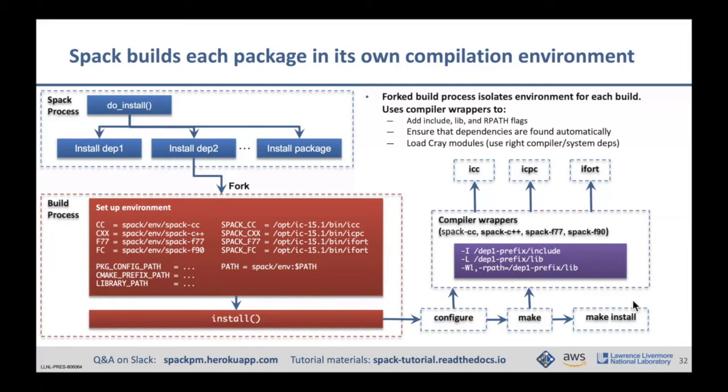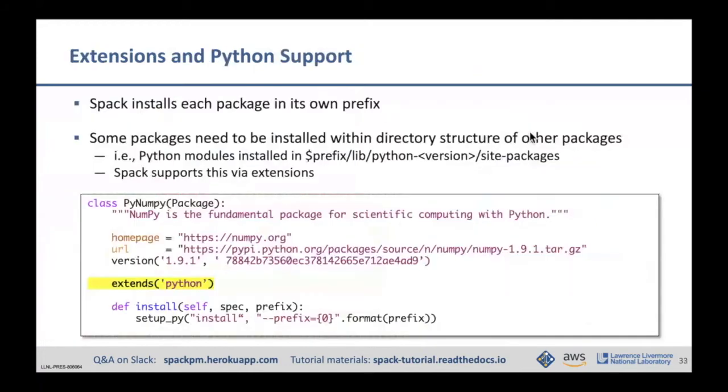You may not have to provide command line options for all your dependencies. They just appear because they're on the -I's and -L's on your compile line. And we know where they are at runtime because of the RPATHs. So basically the whole point of this is the build environment in Spack is designed to make it easy to find the dependencies, and we try to make it hard to find the dependencies that you didn't intend to build with, which is important when building really large package graphs.